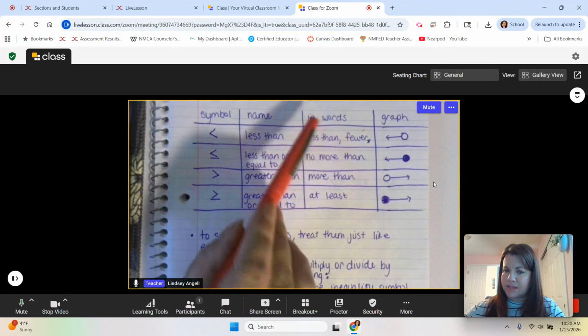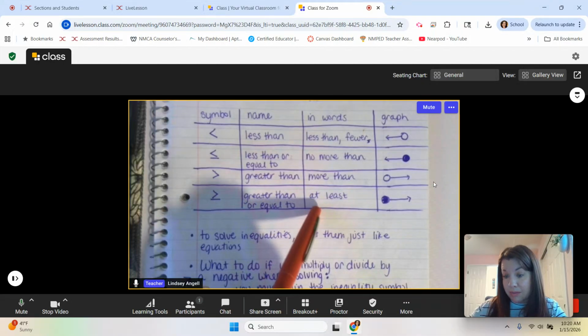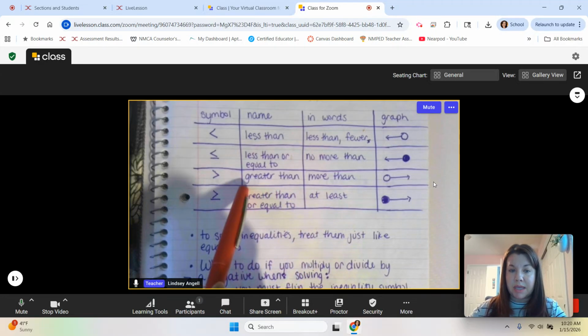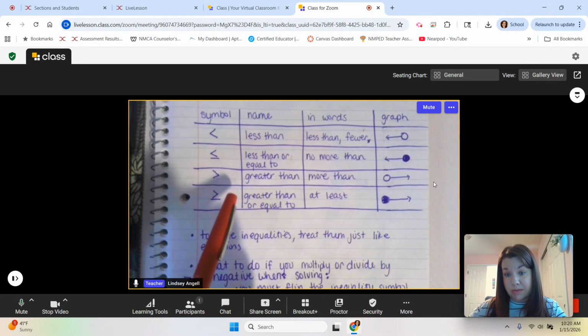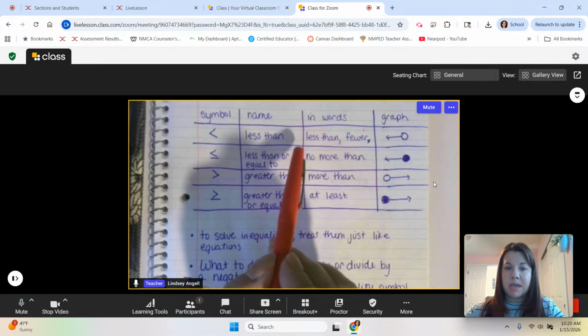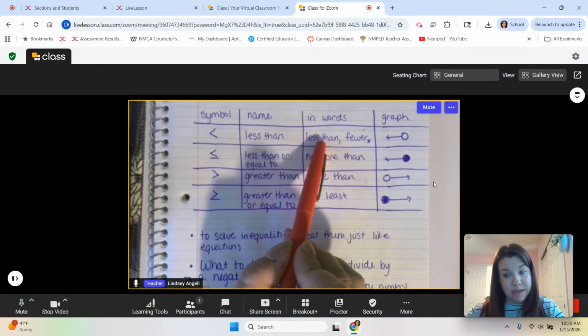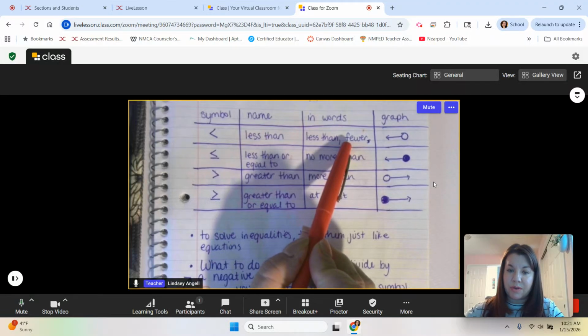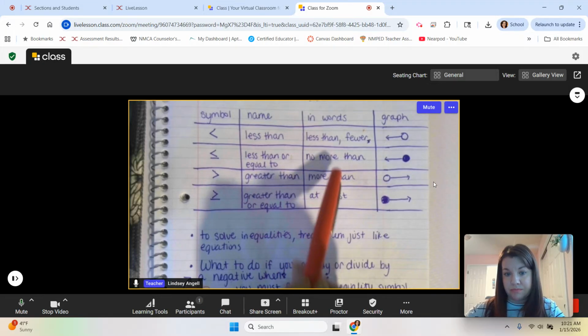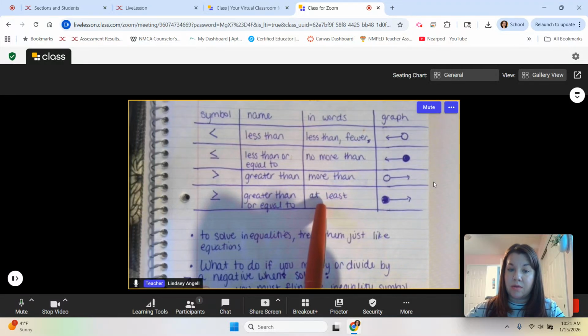In words, now these are just one example of what you might see in a word problem that mean the different types of inequalities. There could be others, but words that mean less than would be fewer or fewer than, less than or equal to would be no more than, greater than would be more than, and then greater than or equal to could be like at least.